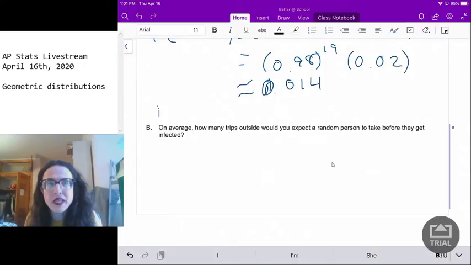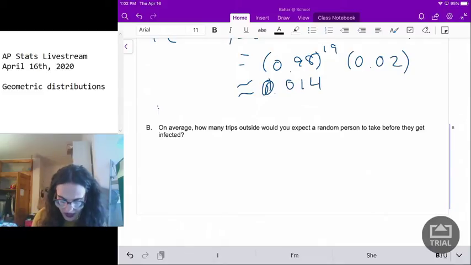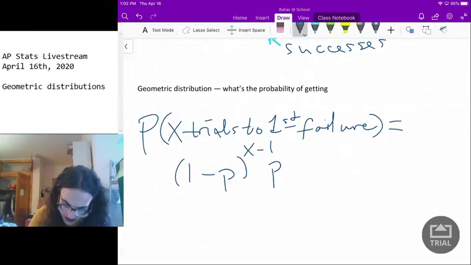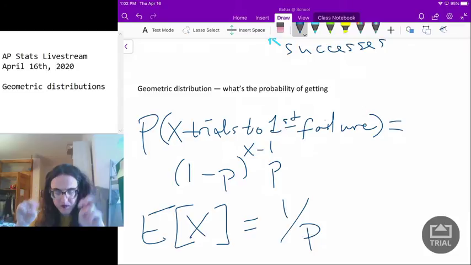So basically, this comes down to that expectation, right? We're talking about where is the mean of this distribution, more or less, where do we hit that 50-50 probability? And so the number of trips we would expect before their first infection is going to be 1 over the probability of failure, or sorry, the probability of success.